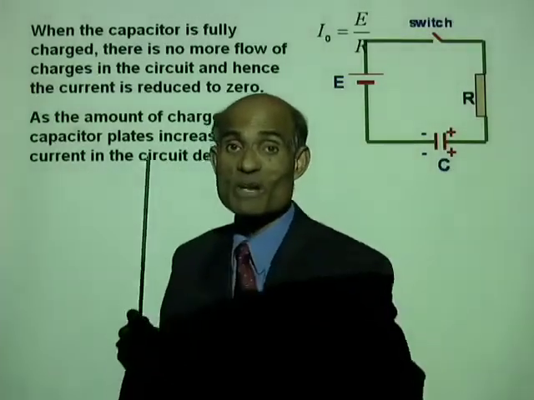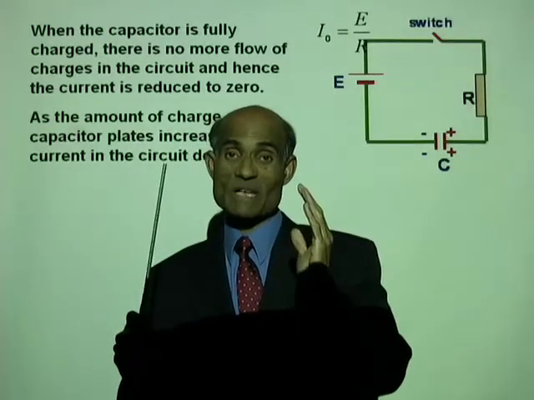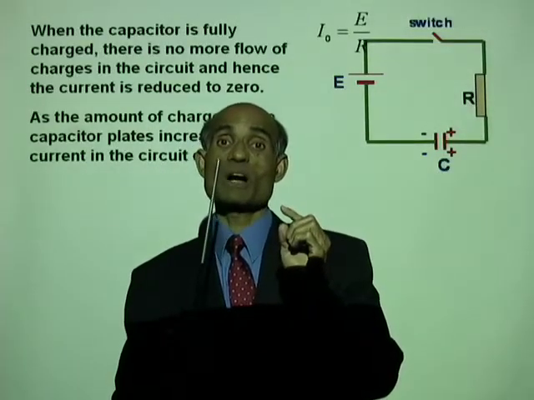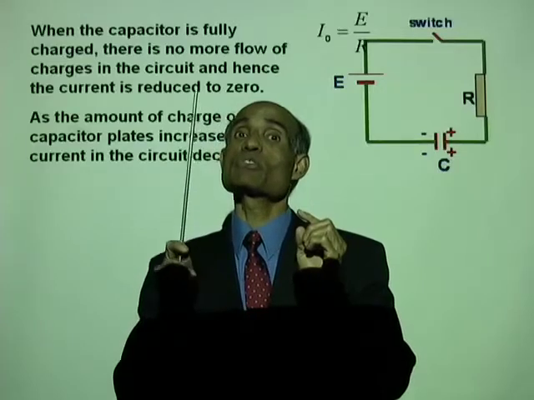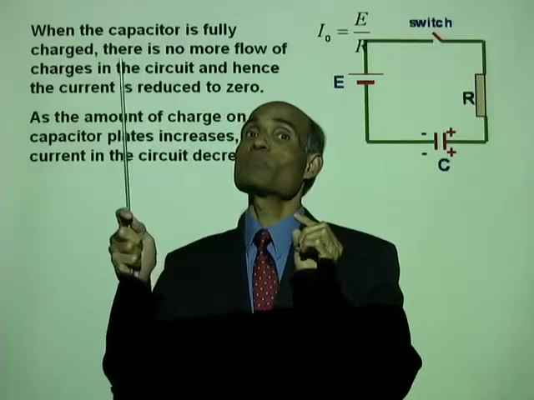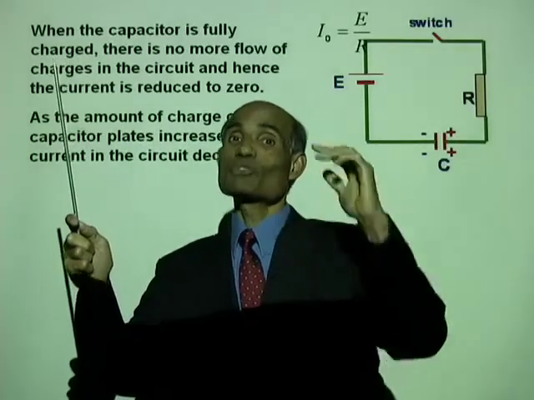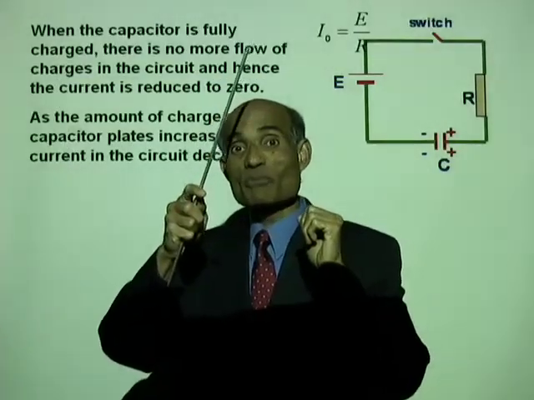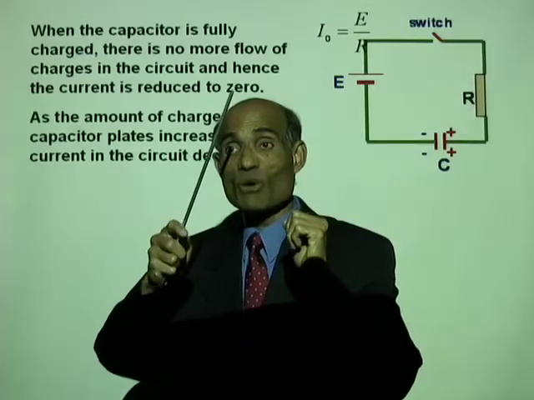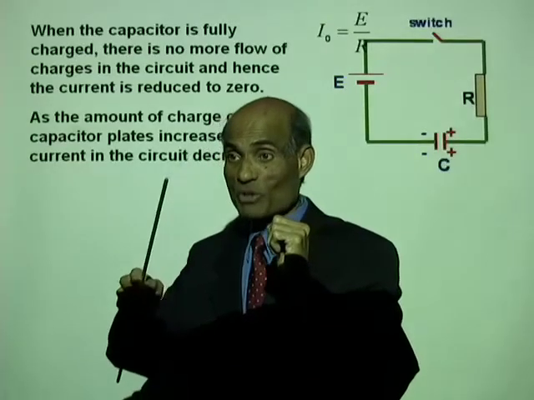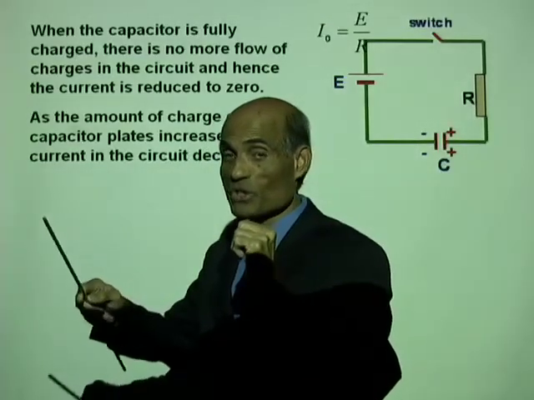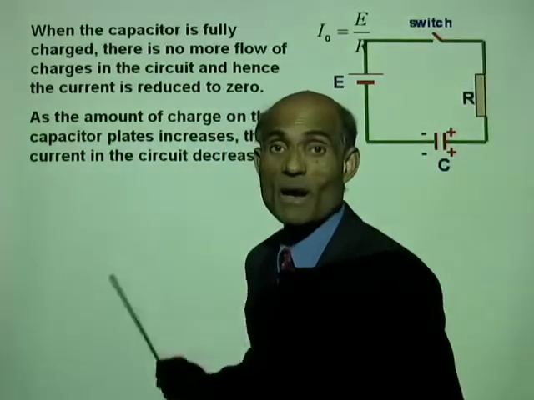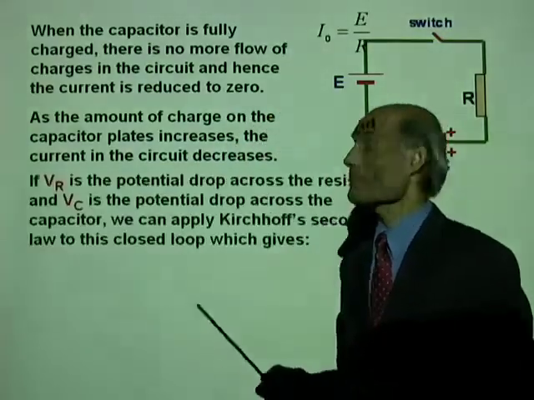So if you can visualize a graphical representation, the amount of charge will keep on increasing, reaches a maximum, sort of asymptotically. And the current will be a maximum in the beginning given by E over R, and it will continue to decrease to 0 after a very long time.